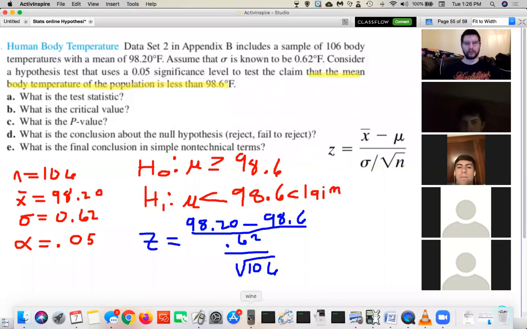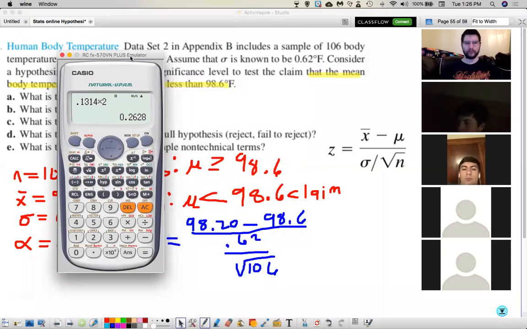That way you can go back and see what you typed in wrong. So make sure you're in mode 1 on the Casios. 98.2 minus 98.6. Fraction in the denominator, 0.62 over square root of 106. And we get negative 6.64.